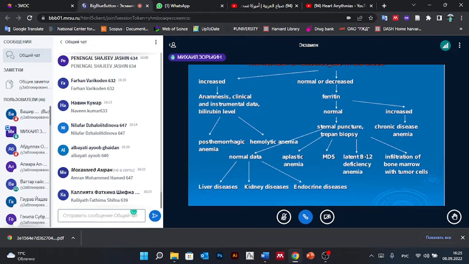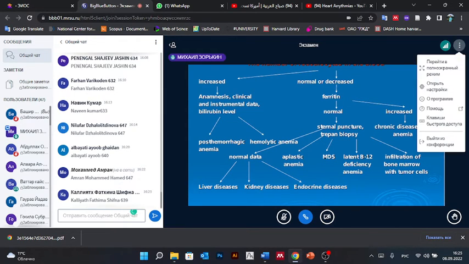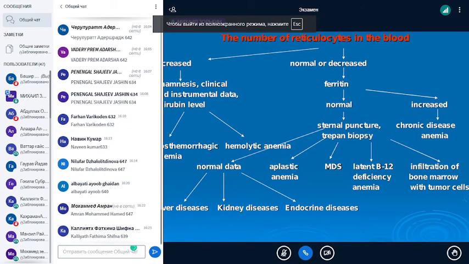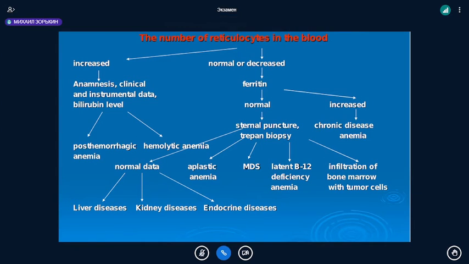When the ferritin level is increased, it is chronic disease anemia. That's it. If the level of ferritin is decreased and the anemia is characterized by the normocytic type, that could be the early stages of iron deficiency also.